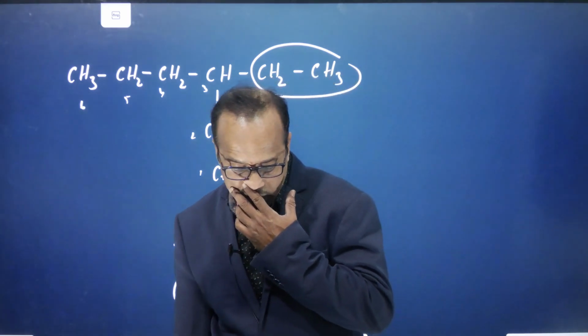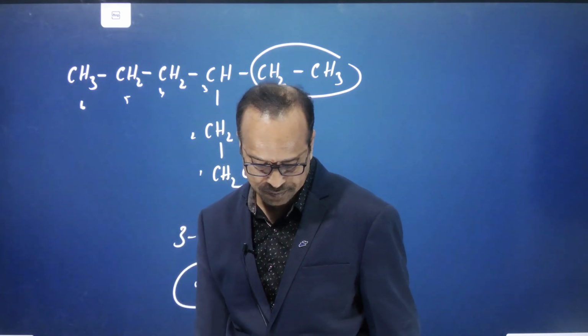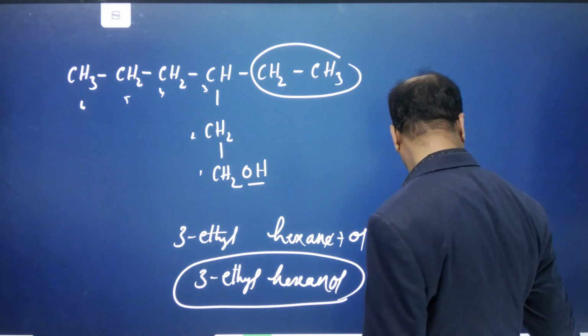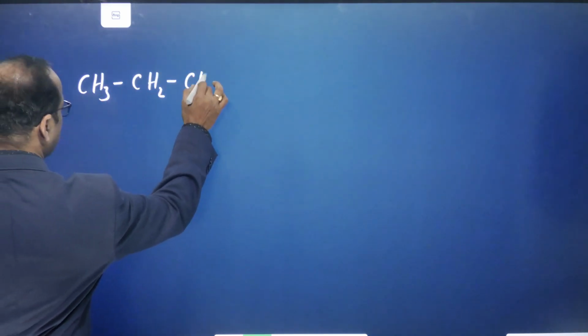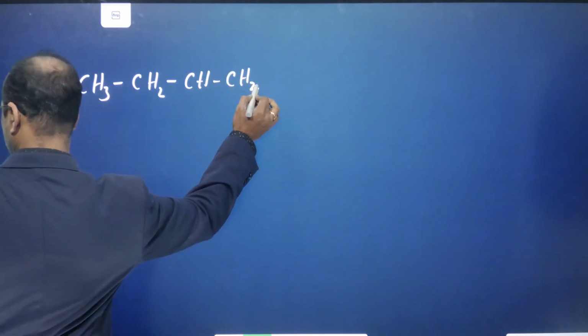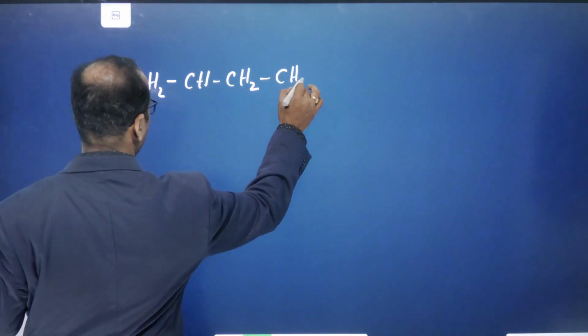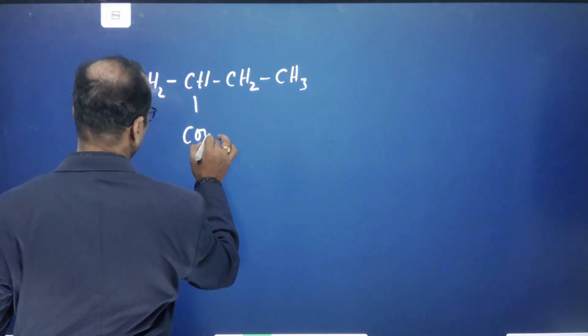Now let's see some more examples. CH3, CH2, CH, CH2, CH3, and it is given COOH.